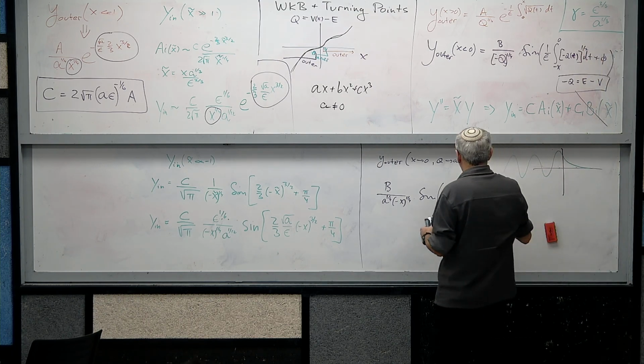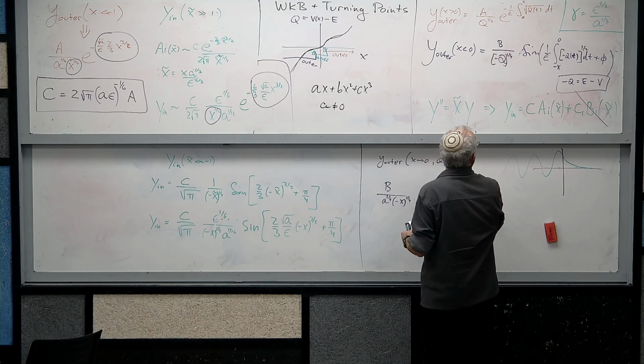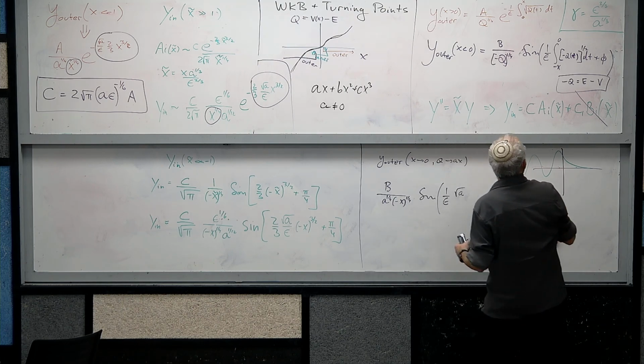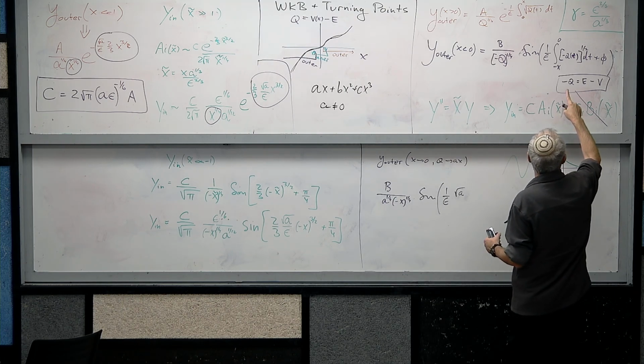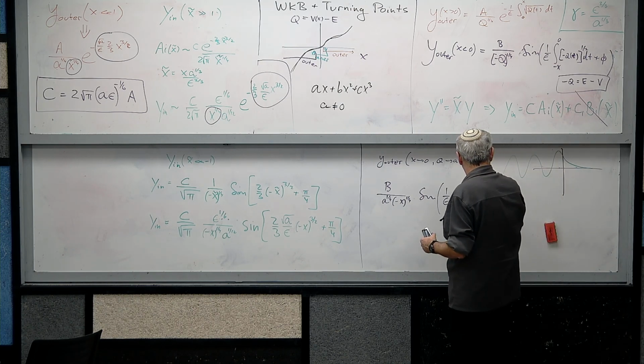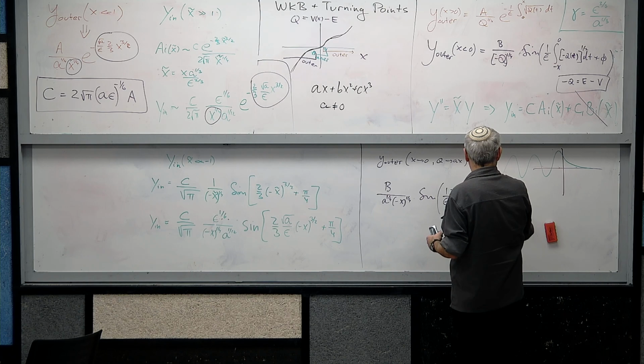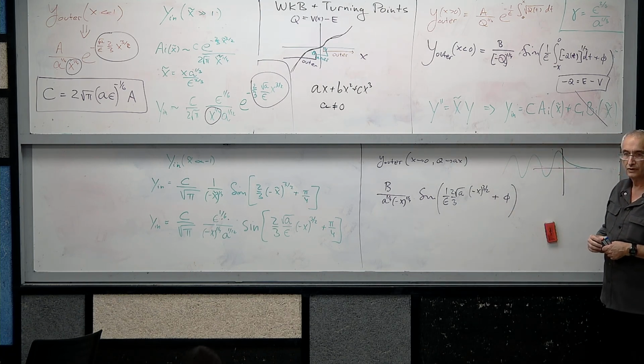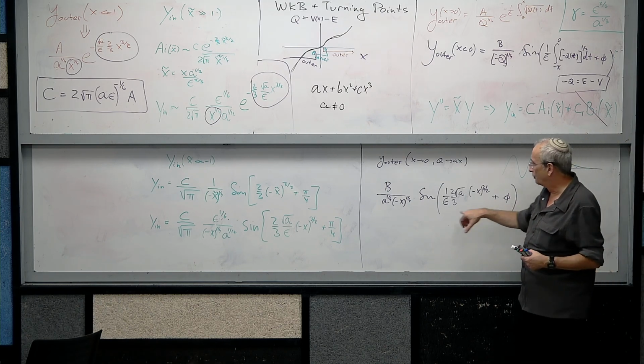So I have square root of a, and I have the integral, and I have minus x to the power of 3/2 times 2/3 plus phi. Okay? So, we have to match this to that.